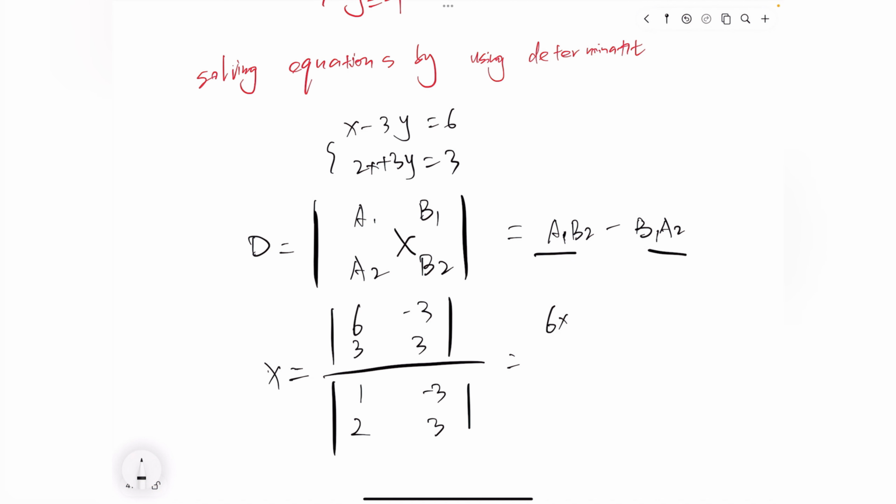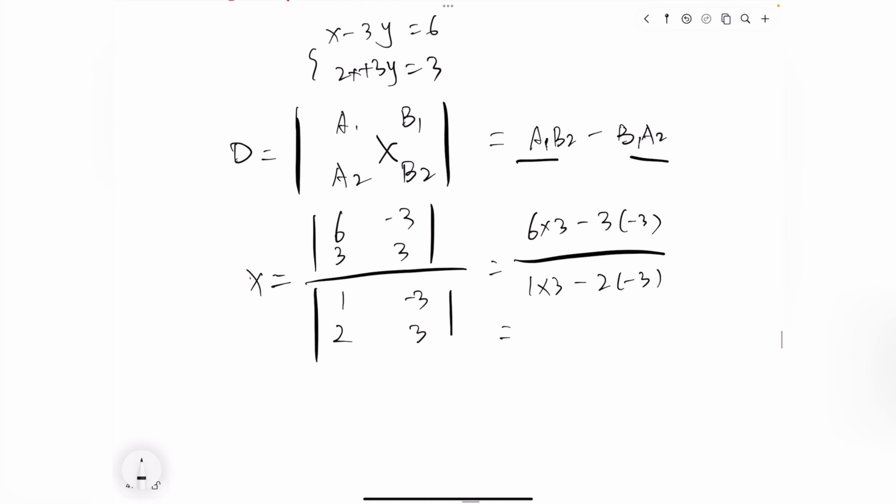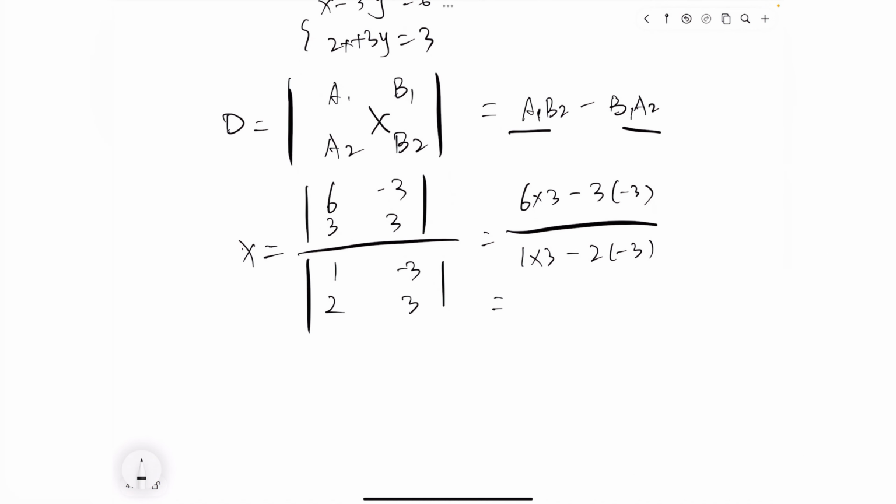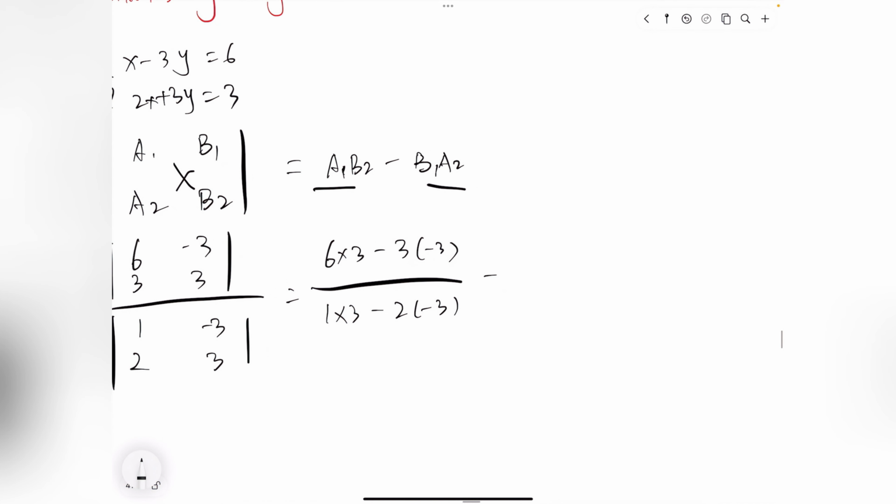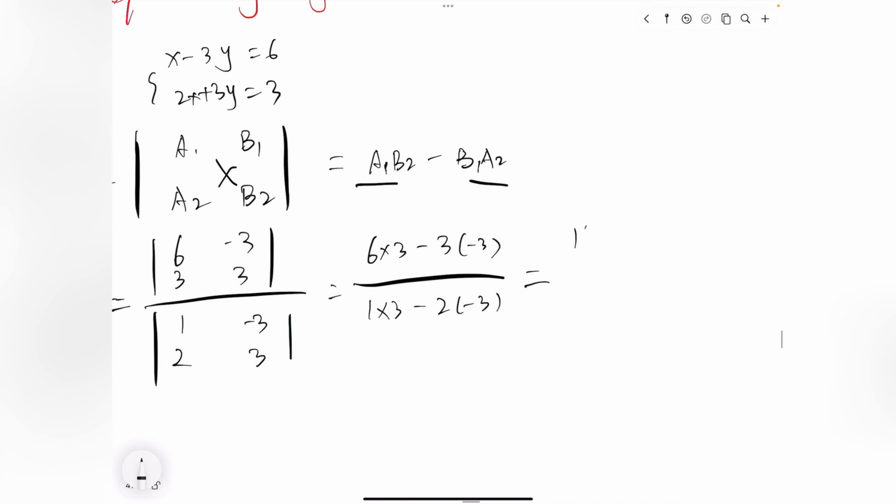So we have 6 times 3 minus 3 times -3, over 1 times 3 minus 2 times -3. It will give us 18 plus 9 divided by 3 plus 6.